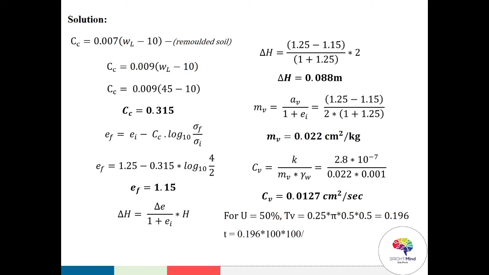Substituting the value of time factor in the expression, we get the value of time as 154.331 seconds, that is 42.87 hours. So that was the solution for the third question.